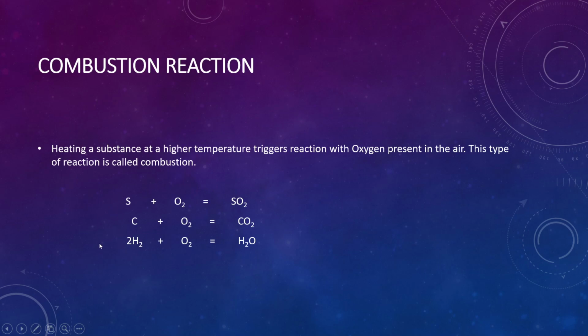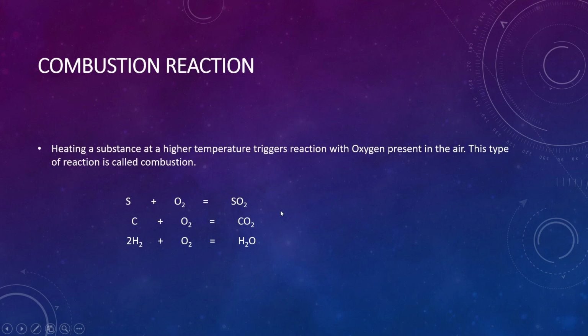So all of these reactions written here are completed at higher temperature. Heat is applied. If we don't apply heat, these reactions will not happen. So for these reactions, heat is necessary by any means.